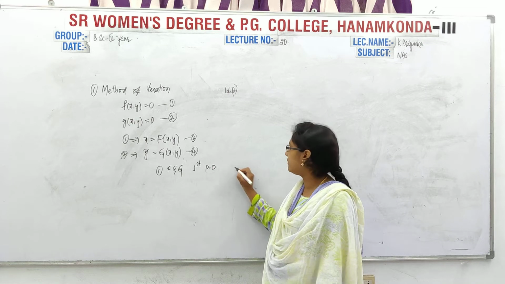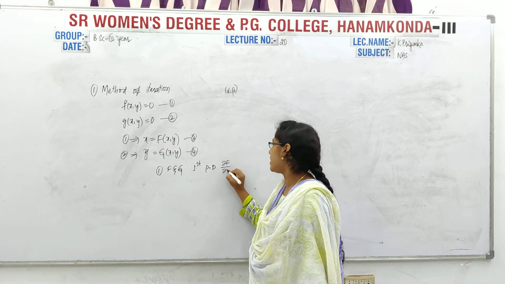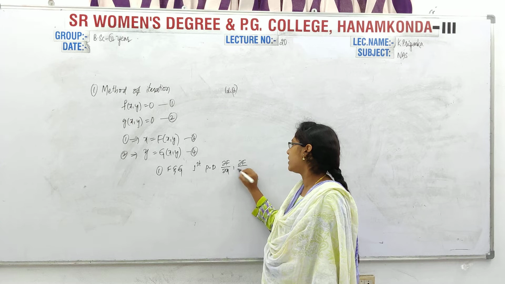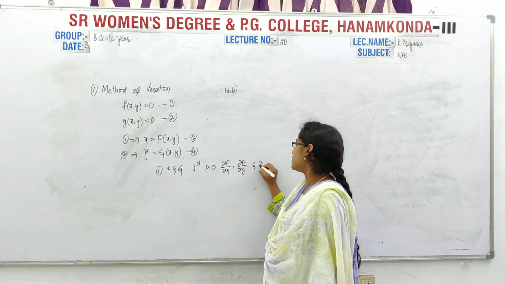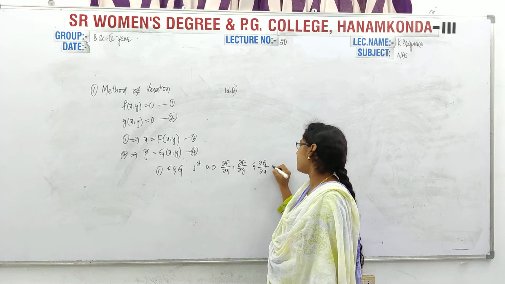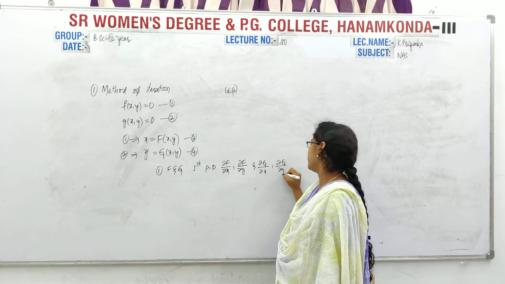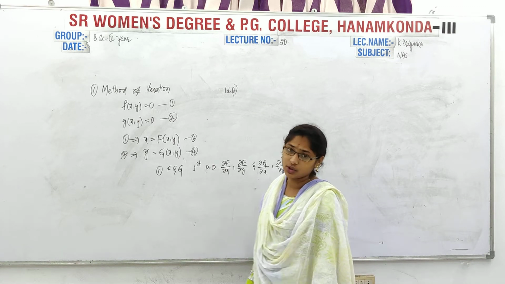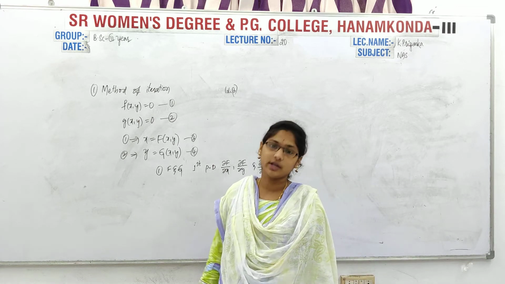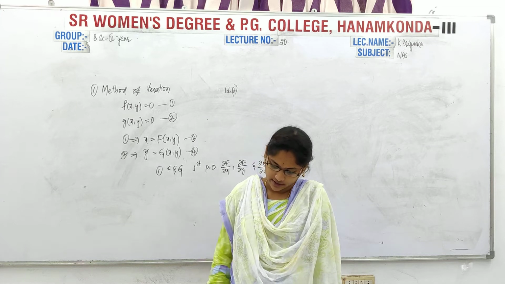First order partial derivatives means dou f by dou x comma dou f by dou y, and next one is dou g by dou x comma dou g by dou y. Already you have learned partial derivatives in first year.